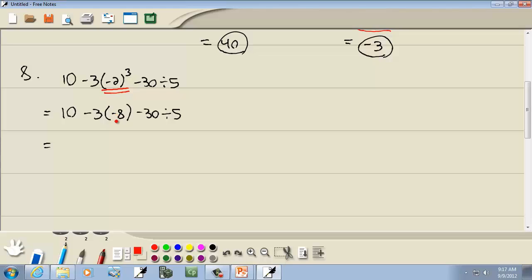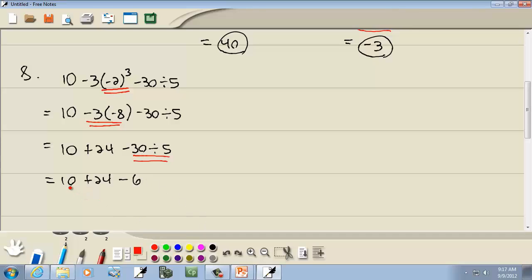Please excuse my dear. Multiplication division from left to right. Well, here's my first multiplication division from left to right. Negative 3 times negative 8 gives us a positive 24. And everything else carries down. Still on the multiplication division part, here's division. So let's do that. 30 divided by 5 is 6.